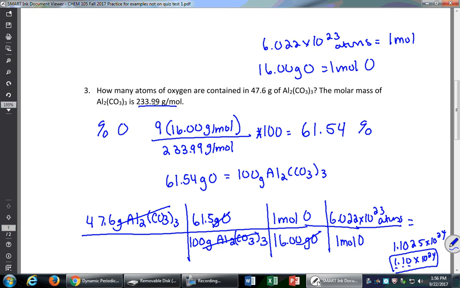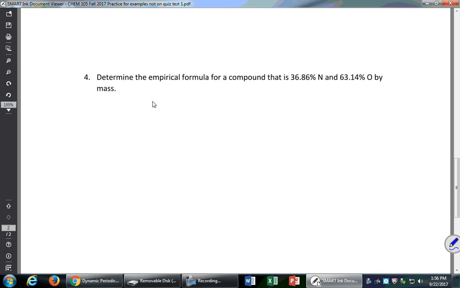Our last one is calculating empirical formula if we're given some percents, and that's the last thing that I'll be going over today. So here we're finding our empirical formula, and we're assuming, based on our question, that our compound has only nitrogen and oxygen.